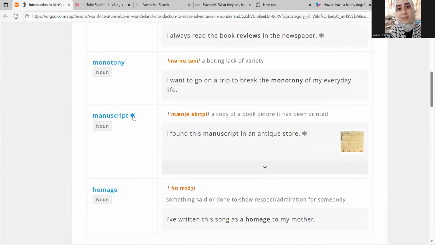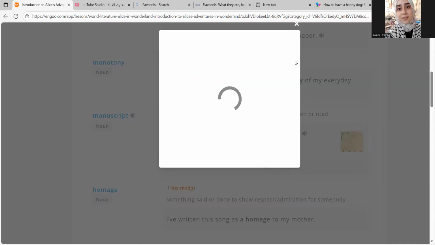You have to say the word three times. Manuscript is a copy of a book before it has been printed. It's a word like a historical word.